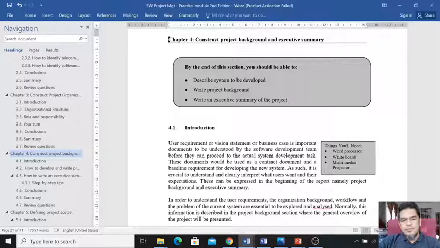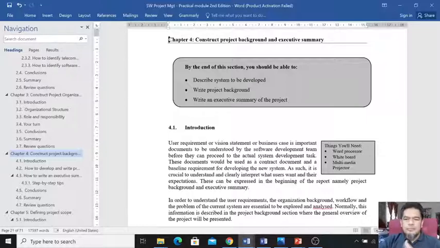Some writers separate the executive summary and the project background. Okay, so why do we need to teach you? Why I want to stress here, and we create one chapter on how to write the project background and the executive summary.